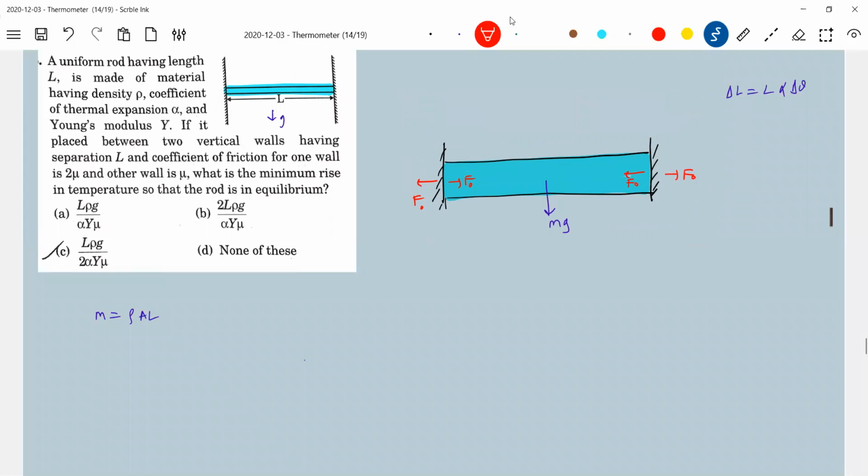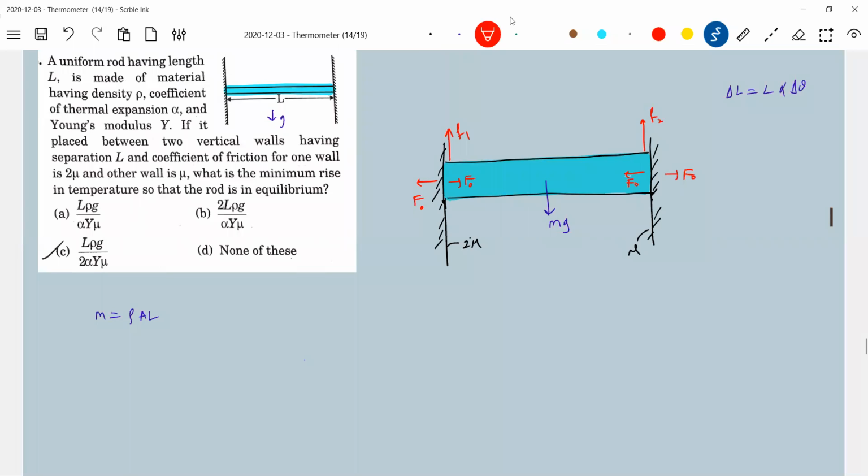Here, the coefficient of friction is 2 mu. Let this one be mu. Let the friction act like this, F1. Here is the friction on the rod; on the wall, we need not show it.